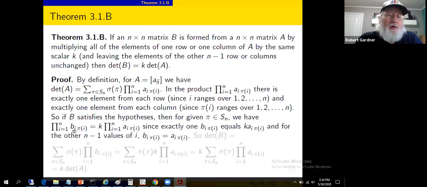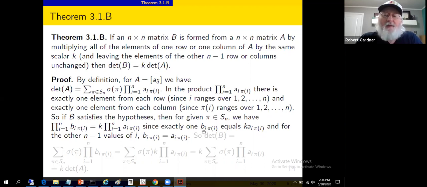So the corresponding B entry would be k times the corresponding A entry. The B sub 3, pi of 3, would be k times A sub 3, pi of 3. If it was the second column in which you did that, whenever you hit pi of i equals 2, we'd pick up a factor of k on the right-hand side. So it's a little less tangible when I talk columns because that's the one with a permutation in it.